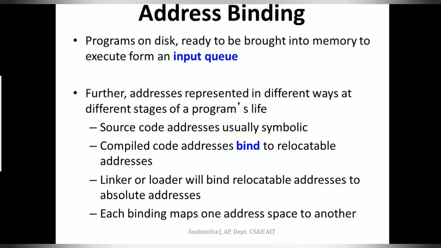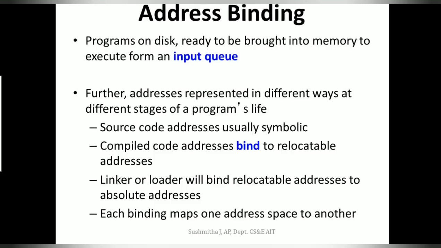Now let us see address binding. What do I mean by address binding? As a user, you would have seen the symbolic address or the name of a file, let me say a program.c or a bubblesort.c.